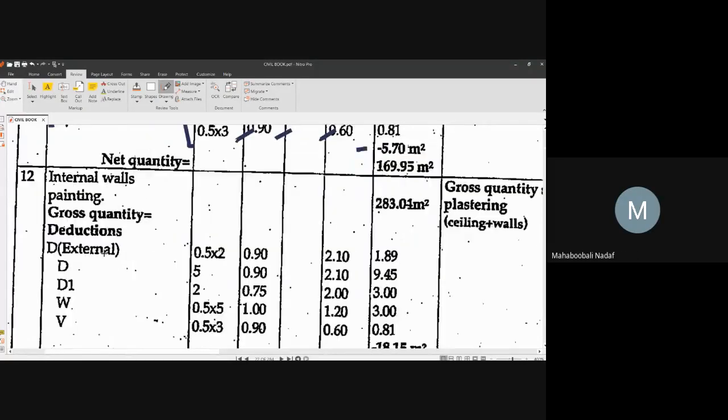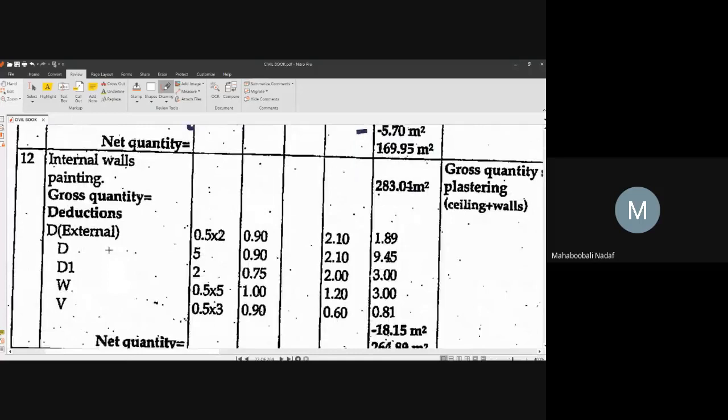So internal plastering, same thing. 283 is the internal plastering. For internal painting, you have to deduct all these things. See here, some of the things have been multiplied with 0.5 and some have not. Why?